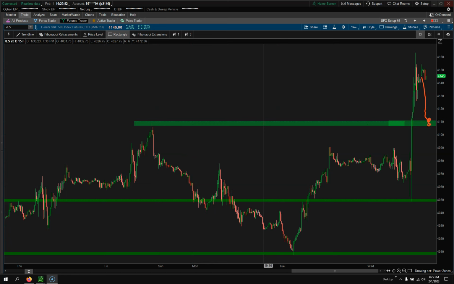And I would love to see price kind of come down, fill me, and then go back up and maybe make new highs. Now, if I buy down here, am I looking for new highs? It all depends on the market context, right? I might say, hey, I'm risking this to make all of this, okay?